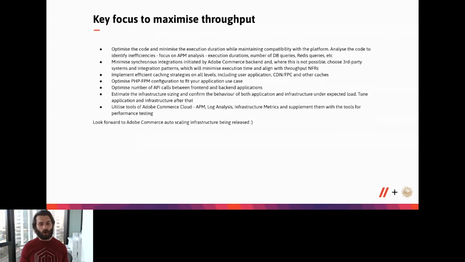Be ready for normal traffic or a spike in traffic, and take queuing into account. And then you have a number of tools to rely on: New Relic APM and logs and infrastructure metrics are best friends along the whole journey. And of course, we are all looking forward to the Adobe Commerce auto-scaling infrastructure being released soon.